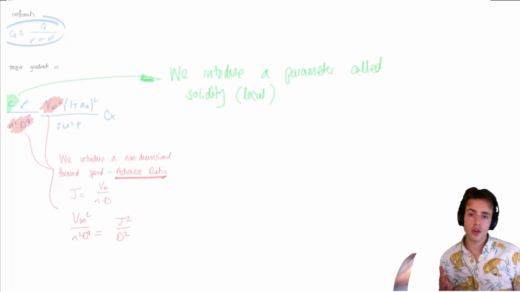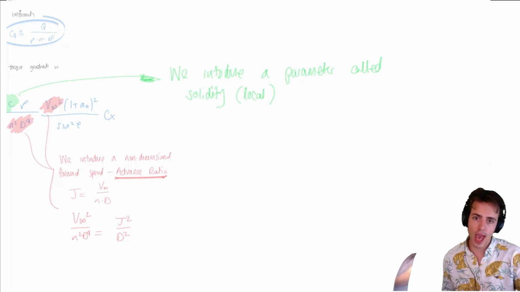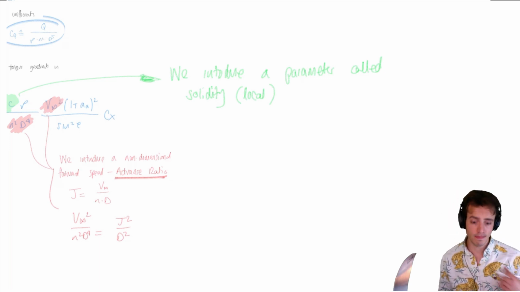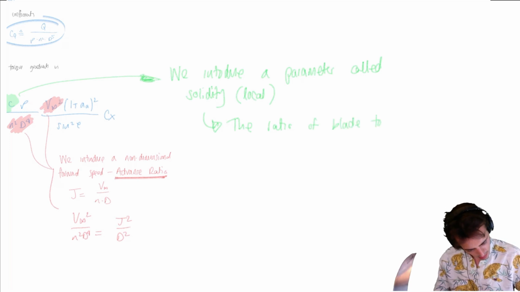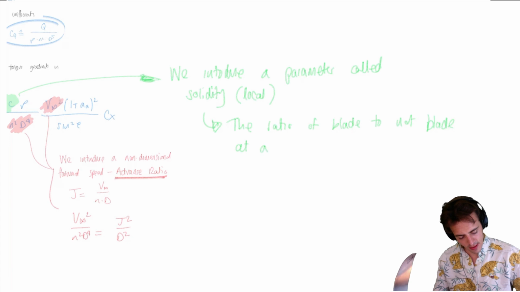And this is just a function of, at the radius we're looking at, how much of any given circle, if we were to draw a circle at any radius, how much of that would be made up by blade, how much of it would be made up by thin air. The ratio of blade to not blade at a given radius.